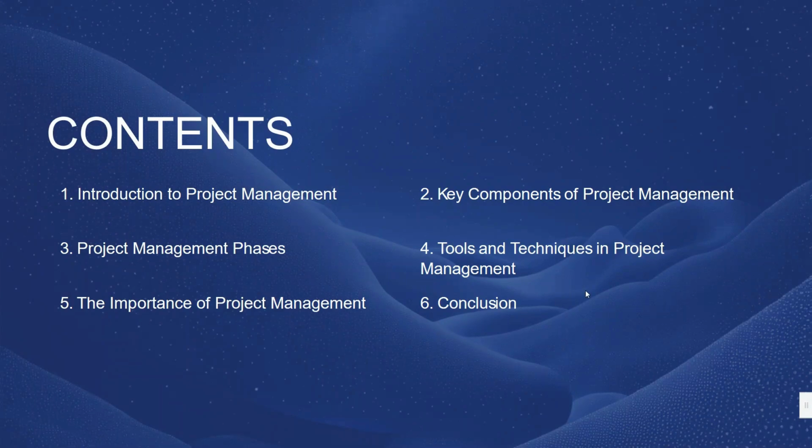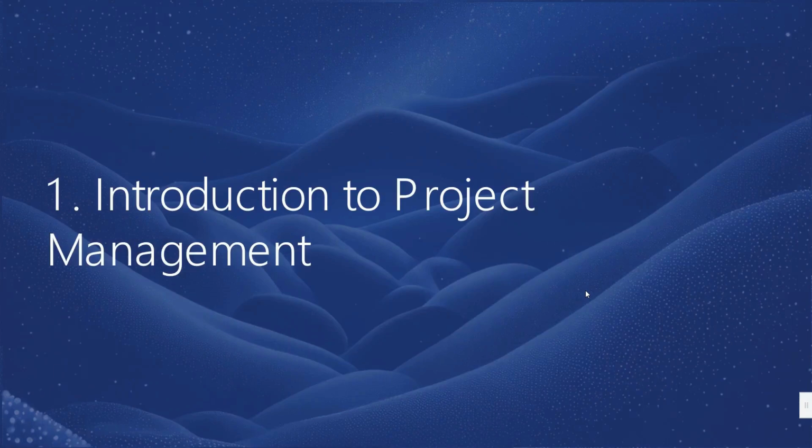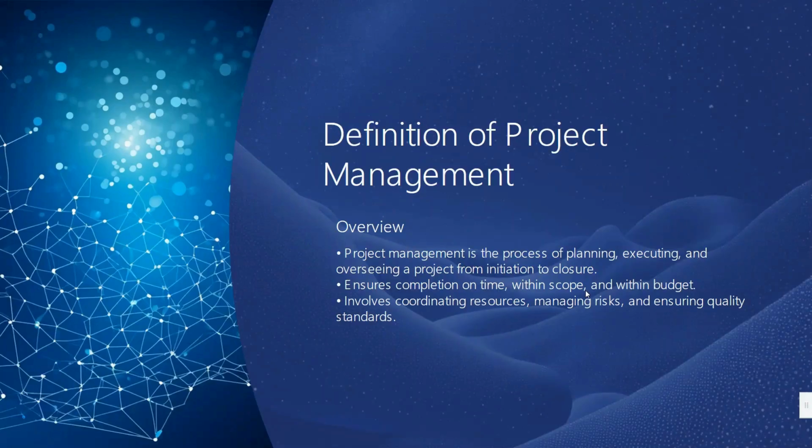So let's start it. First, introduction to project management. Here we have the definition of project management. Under overview, you can see project management is the process of planning, executing, and overseeing a project from initiation to closure.